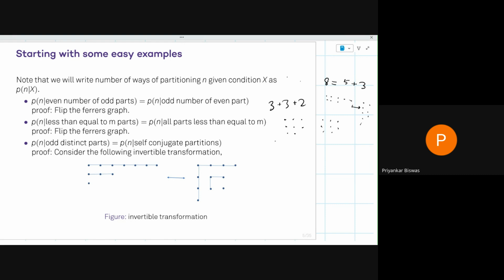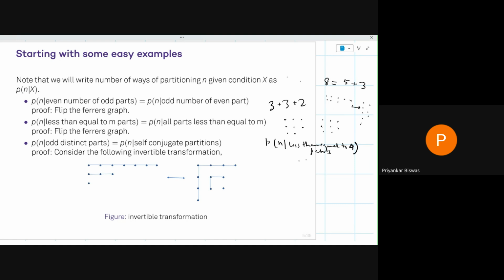Here we're talking about partition of n into less than or equal to, say, 4 parts. We will show that this is equal to partition of n given all parts less than or equal to 4.